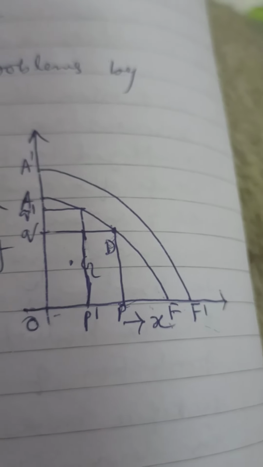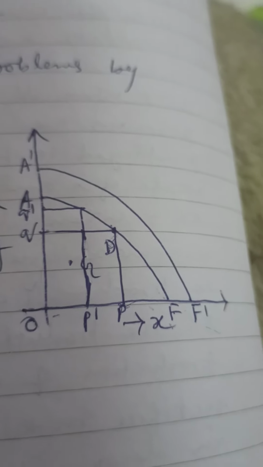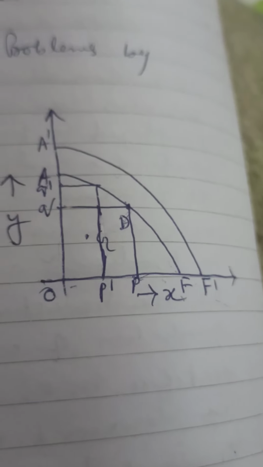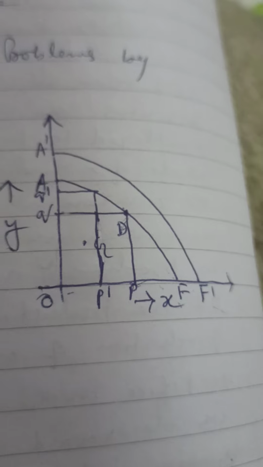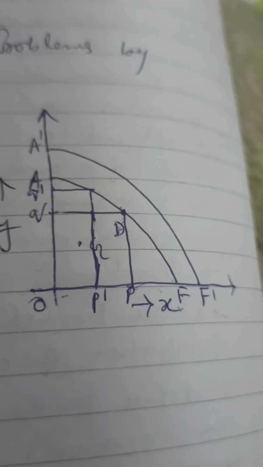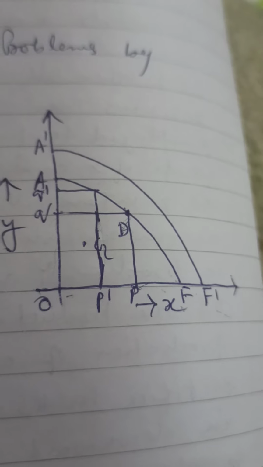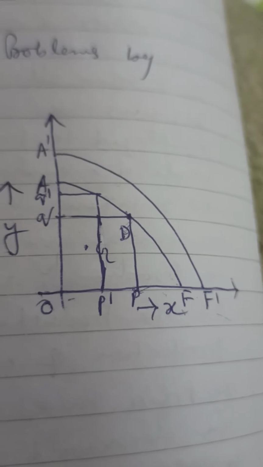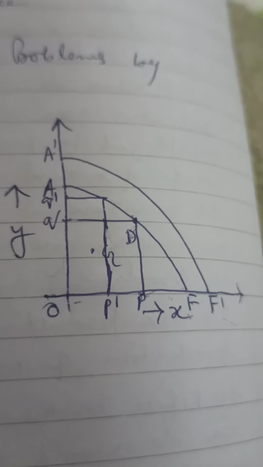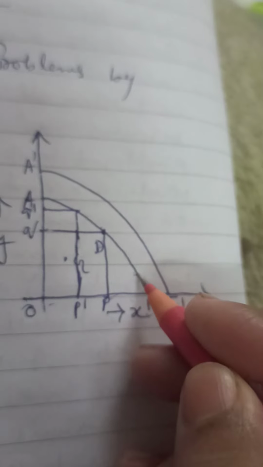For example, if commodity X represents butter and commodity Y represents guns, and the economy produces on the production possibility curve at a point near F, then it implies that the economy produces more for the civilian population and less for the military.